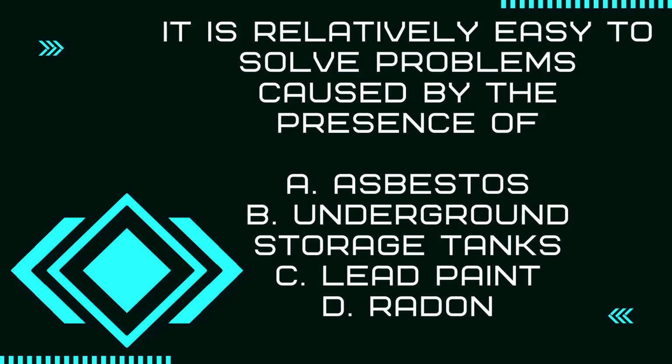So asbestos is not the easiest one to remediate. There is a clear winner in this one, and it is not asbestos. The simplest way to remediate asbestos is encapsulation.